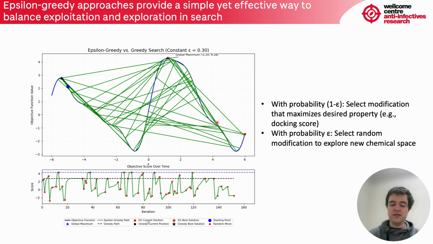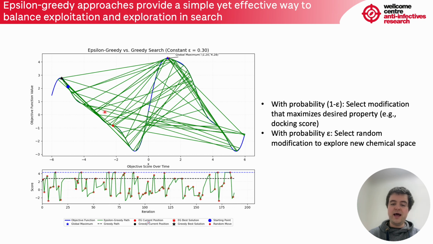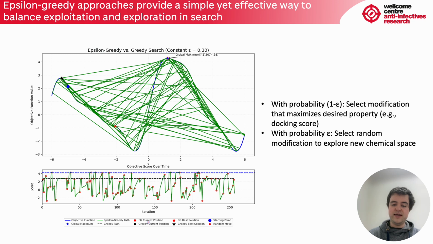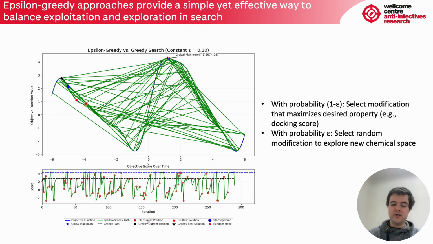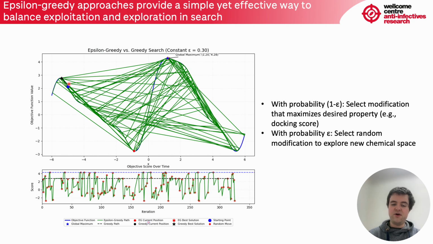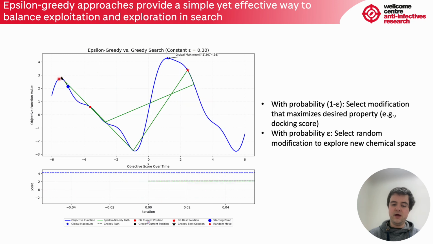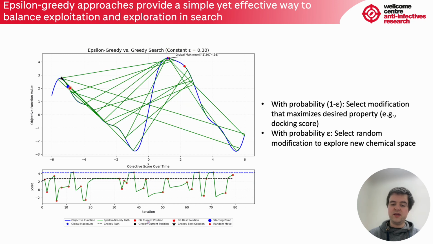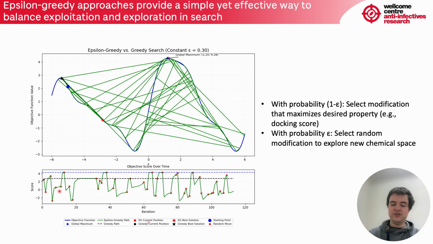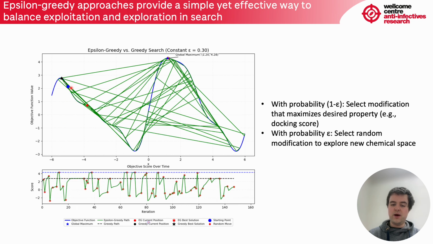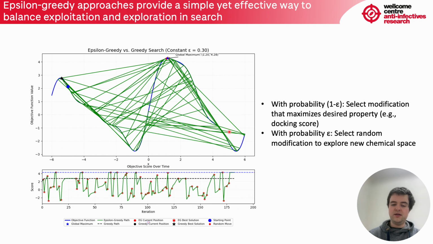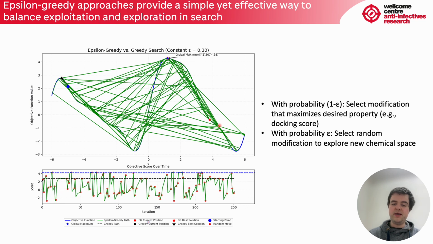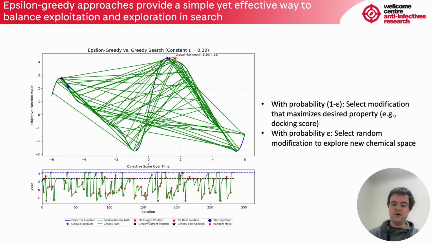In this plot, we can see, for example, epsilon-greedy versus greedy search. The black dotted line here is greedy, and this is because we start here, and then very quickly we move up the hill, and we identify this local optimum here. On the other hand, the epsilon-greedy, as shown in green here, will go away, and it will randomly move to a different part of the search space, and then it will begin its greedy move upwards.